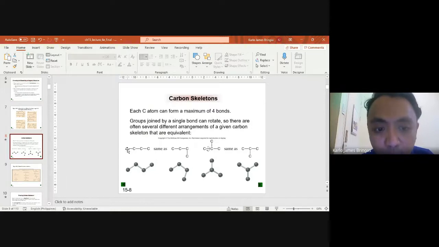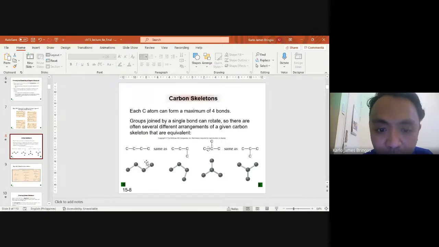You have one carbon connected to another carbon, which is connected to another carbon, which is connected again to another carbon. This one is similar: carbon connected to carbon, connected to another carbon, and finally connected to yet another carbon.